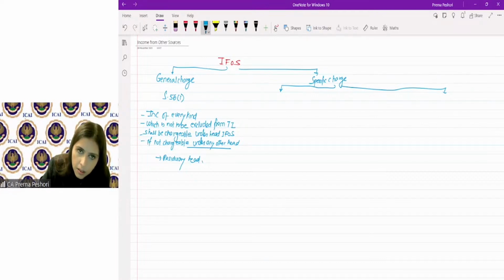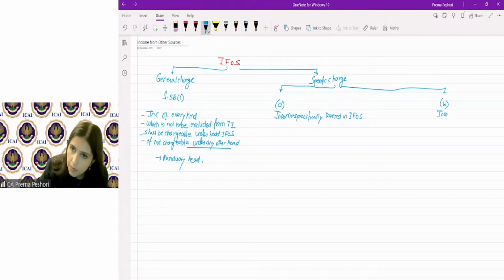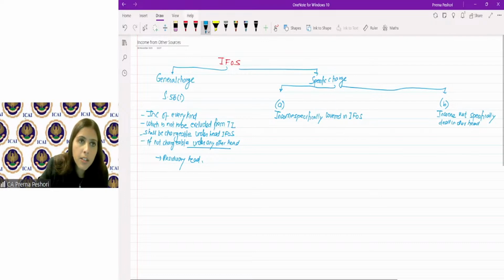So income specifically covered in income from other sources and income not specifically dealt in or chargeable in other head.